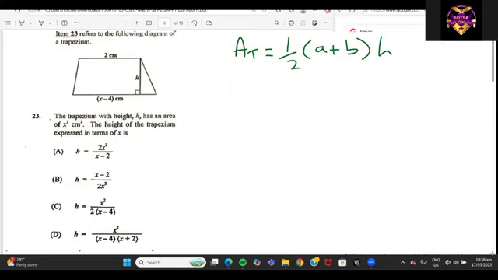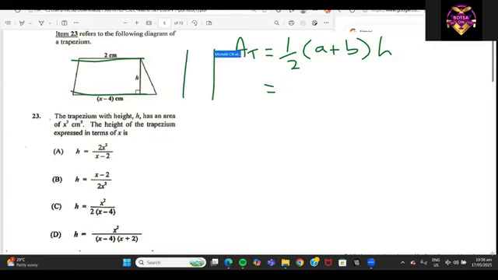The next thing is we're going to fill in whatever we know, right? So a and b are the parallel sides. So these two are parallel.